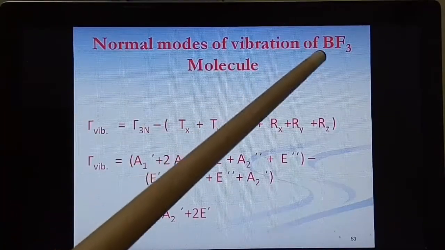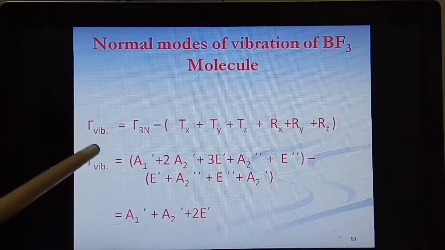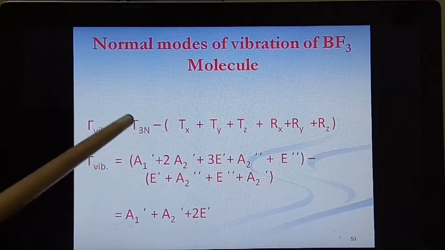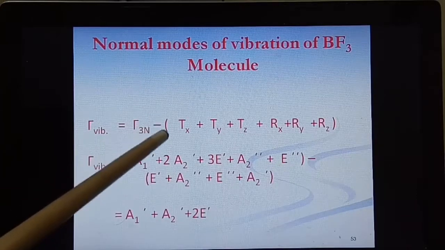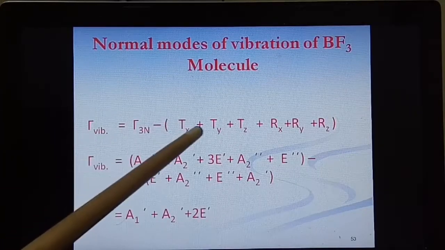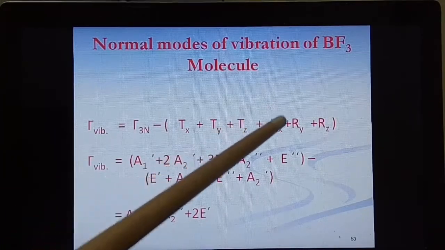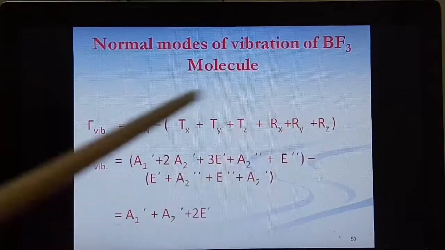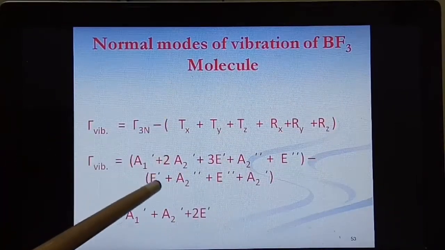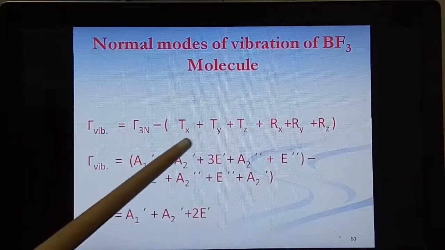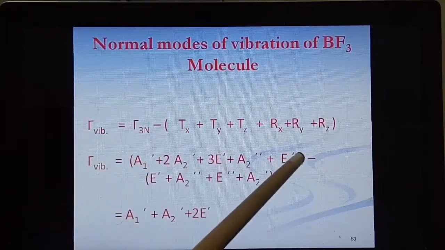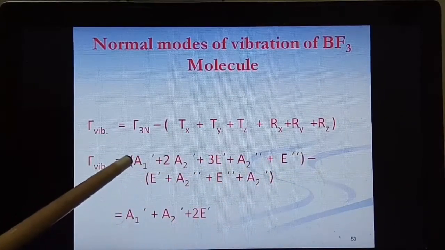Now this is the character table for the D3h point symmetry. Normal modes of vibration of the BF3 molecule. So tau vibration will be equal to tau 3n minus Tx plus Ty plus Tz plus Rx plus Ry plus Rz. From here to here is the value of tau 3n.